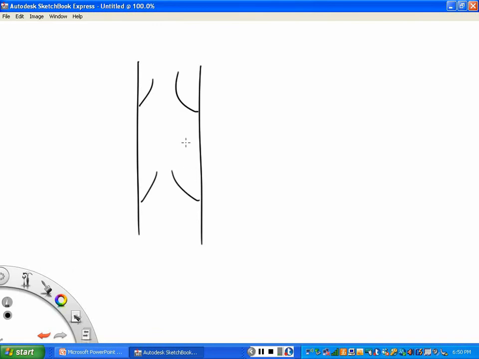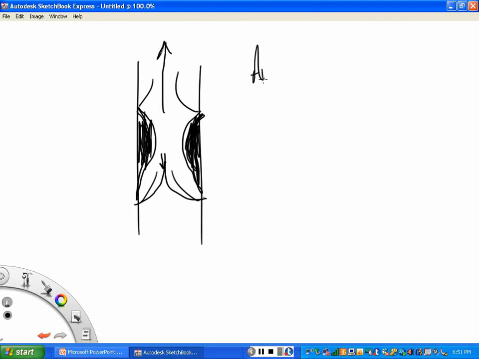There are just little valves. If I squeeze this vein right here, what's the blood going to do in there? That blood is going to get pushed. Does everybody agree? If the blood tries to go this way, what would it do to these flaps? It would close them up just like that. If the blood tries to go this way, it would open them.